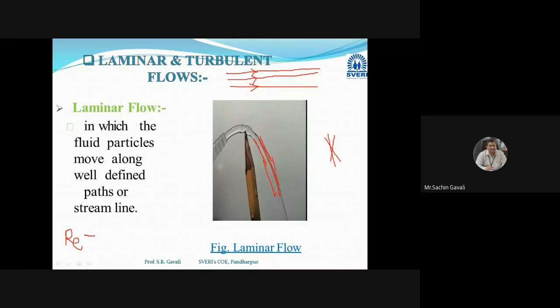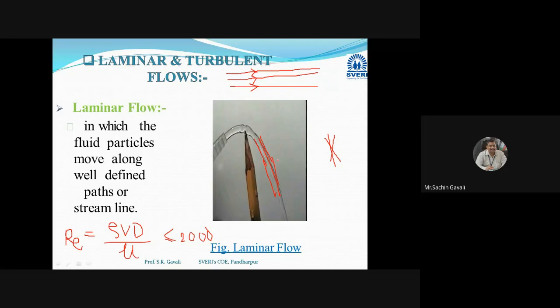And if this Reynolds number is less than 2000, then that type of flow is called what? Laminar flow.